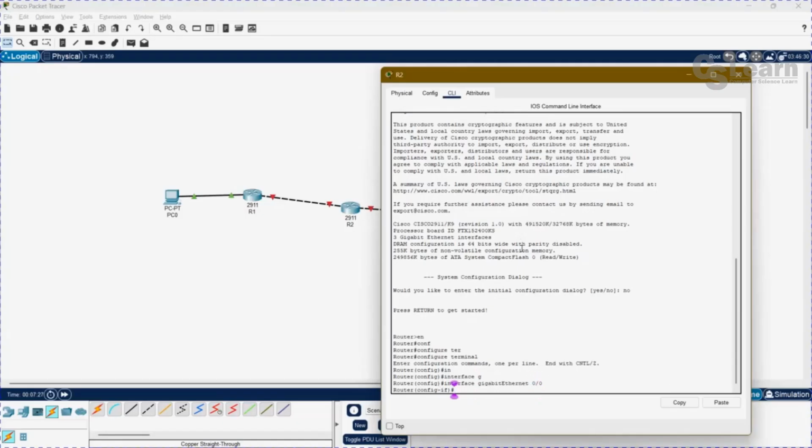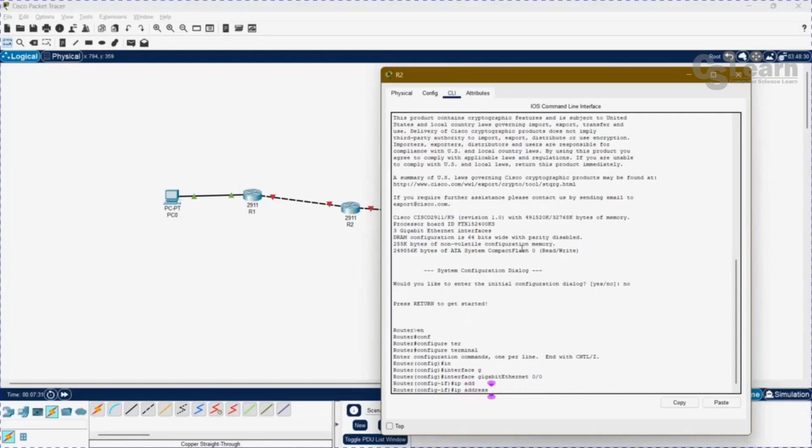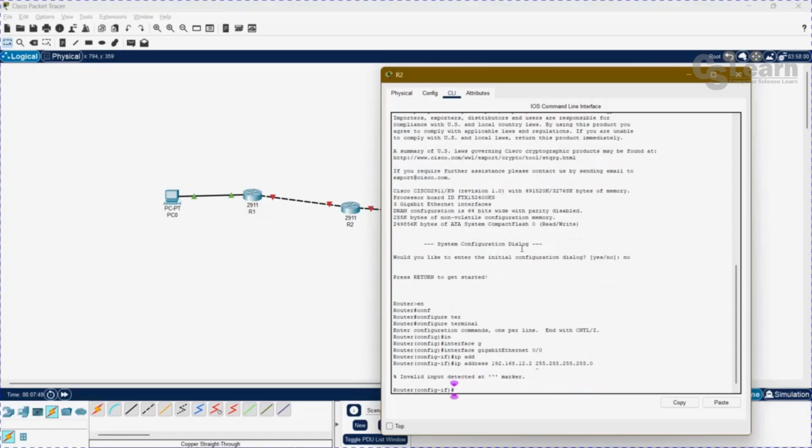Now go with the IP address 192.168.12.2. Everything I follow is the network address table which I showed you in the very first frame before we started.